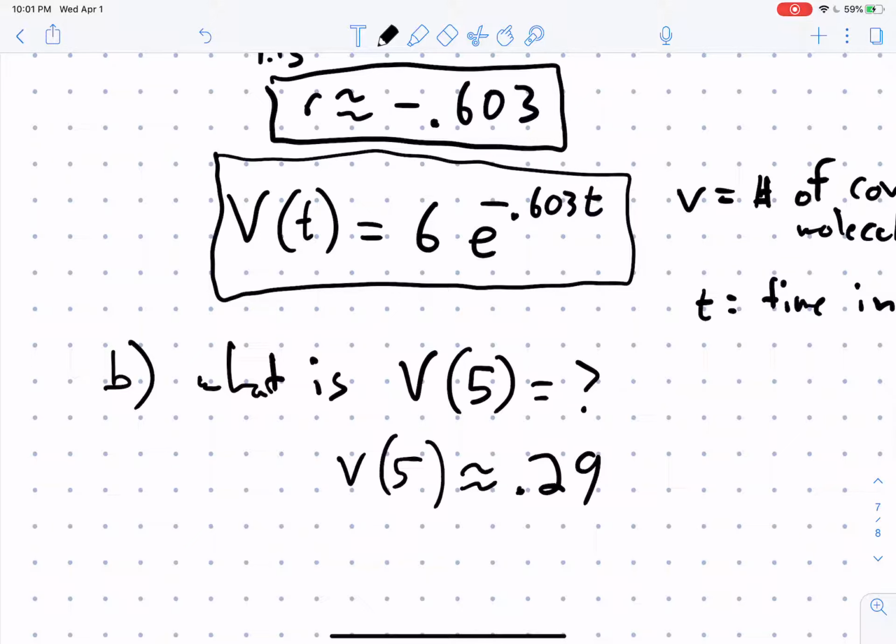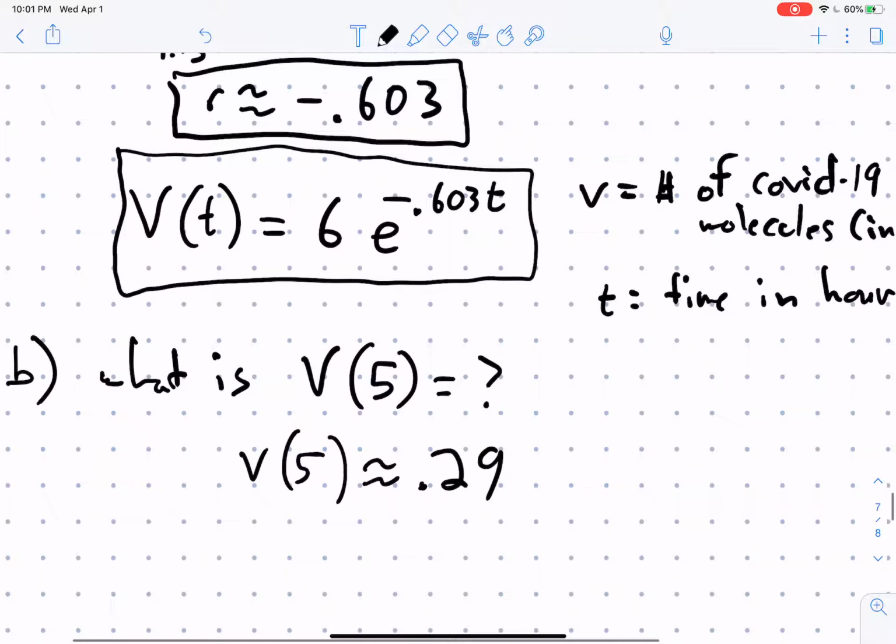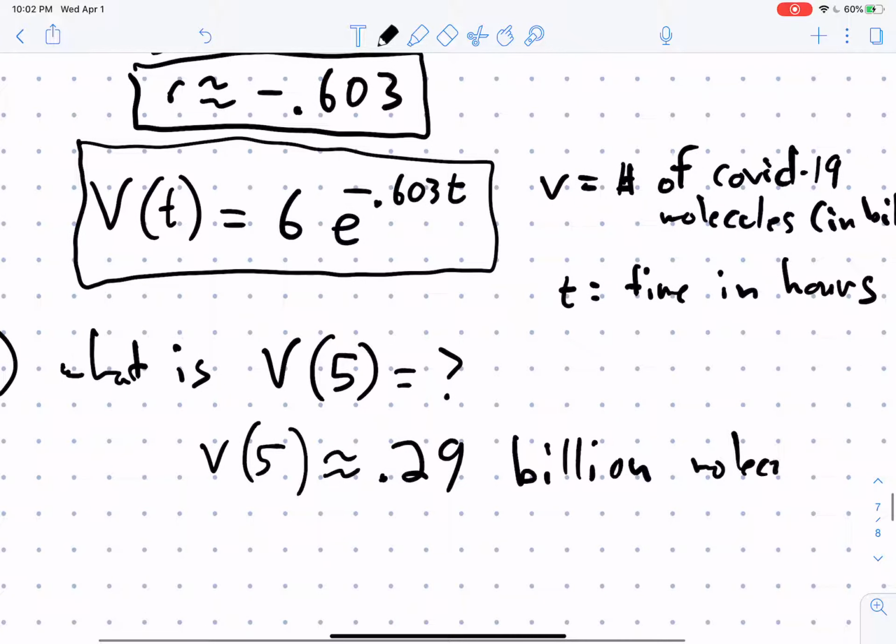Now, 0.29 what? The idea is that we're measuring the V, the number of molecules left, in billions. So 0.29 billion molecules. So far less than a billion, about a quarter of a billion.